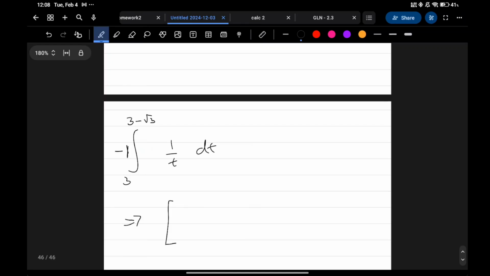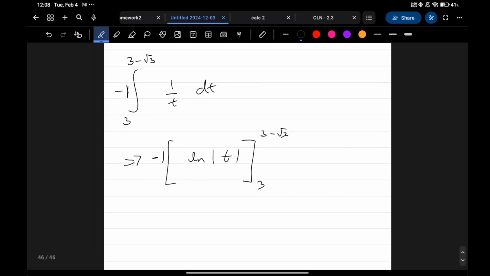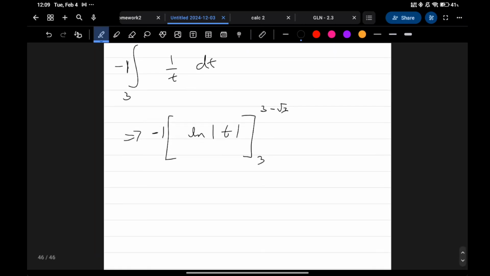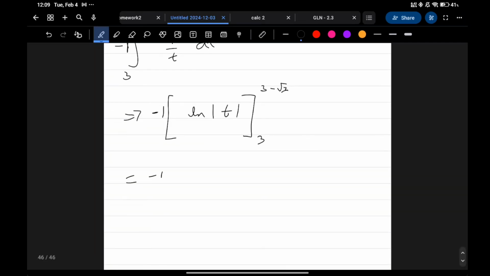So this becomes -1 outside log of absolute value of t, and inside I have 3 minus root 3 in the upper and 3 in the lower. All I have to do is plug in the upper and lower bounds now. This becomes -1 times log of 3 minus root 3 minus log of 3.